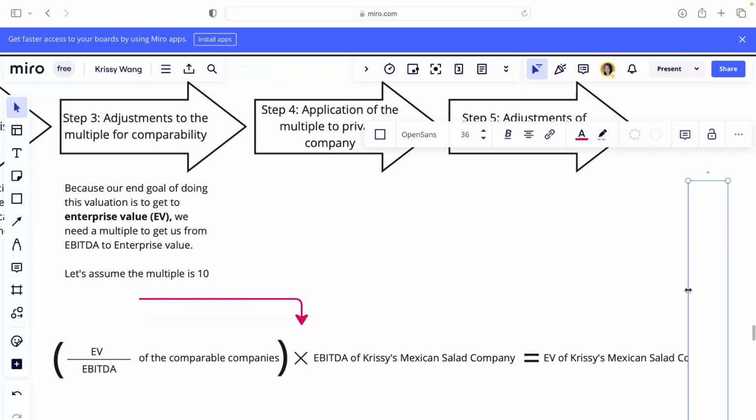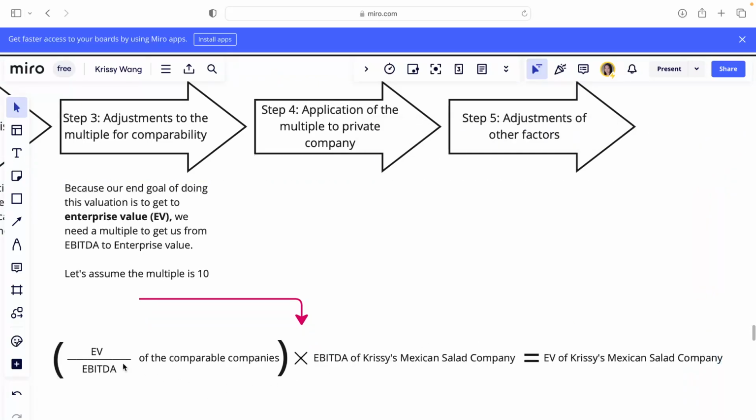So I put together this formula. Hope that's easier to understand. You have EV, enterprise value, divided by EBITDA, which is what we call the multiple, and we generate the multiple based on the comparable companies that we picked. And then we multiply by the EBITDA of Chrissy's Mexican salad company.